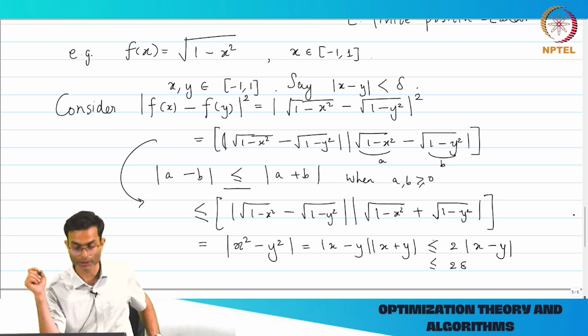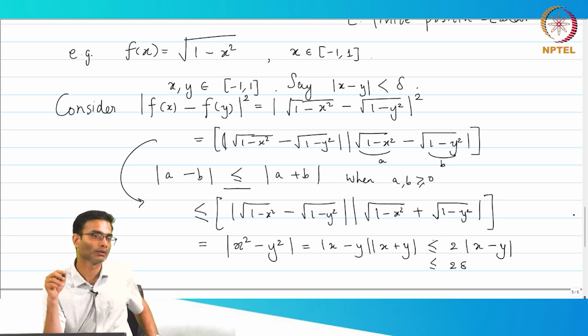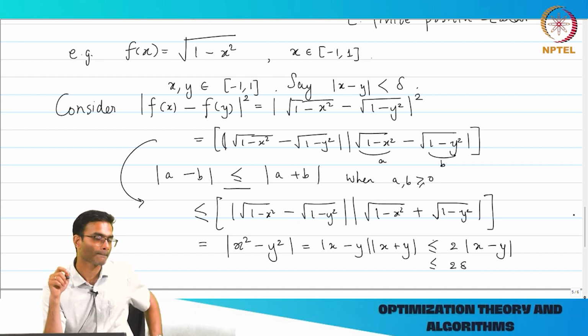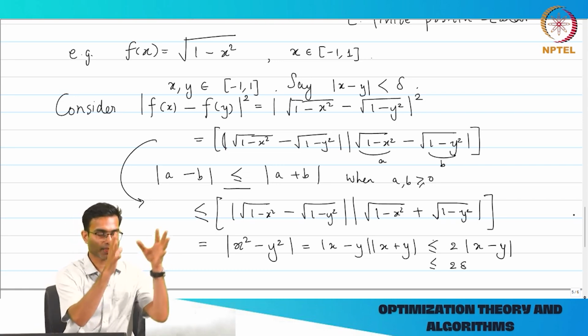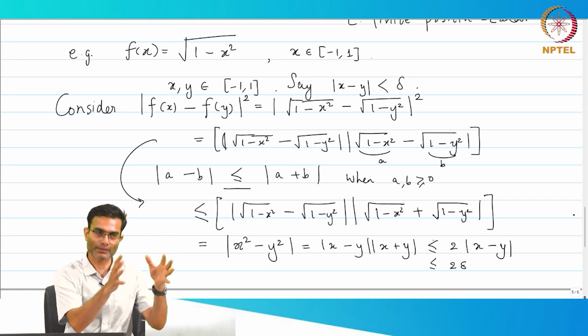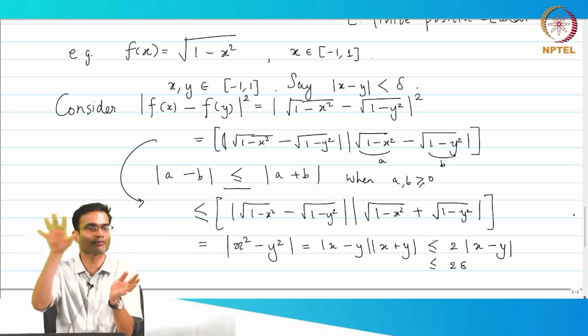Well, not delta, 2 into delta, right? The geometric sense is that there is a domain where x lives and the range where f lives. The mapping is taking x to f(x).